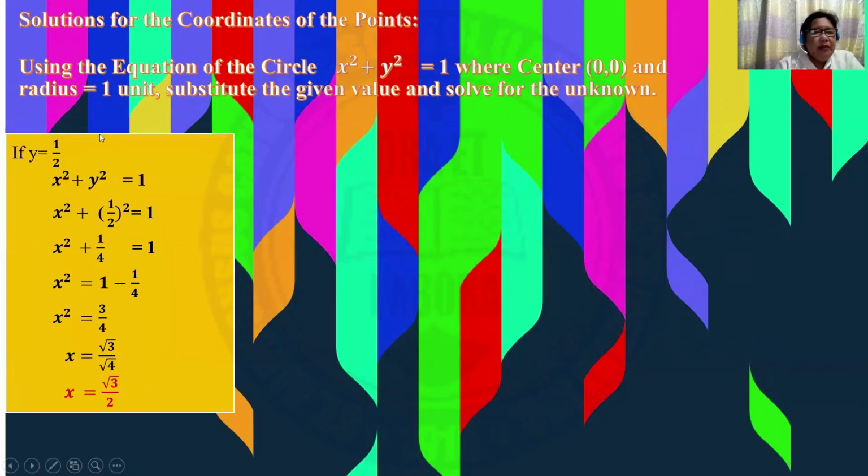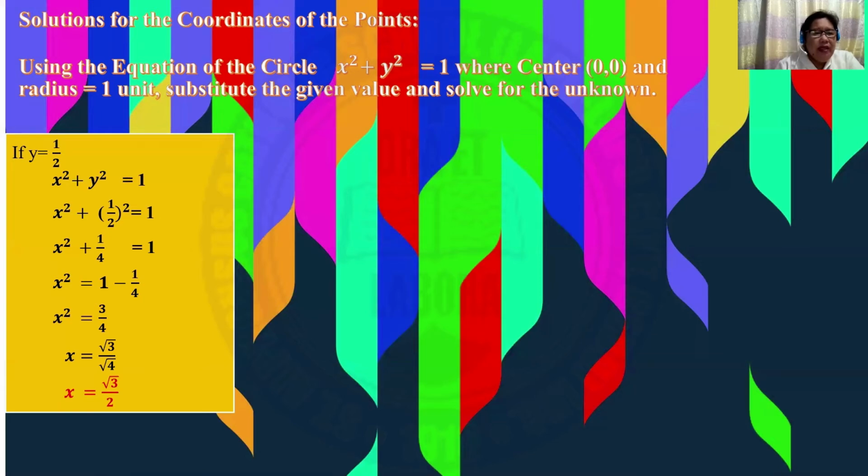So for example, if y is equal to 1/2, then substitute 1/2 to y, then take the square, that is equivalent to 1/4. And transpose 1/4, it is 1 minus 1/4. And find the LCD and simplify, then we will have 3/4.